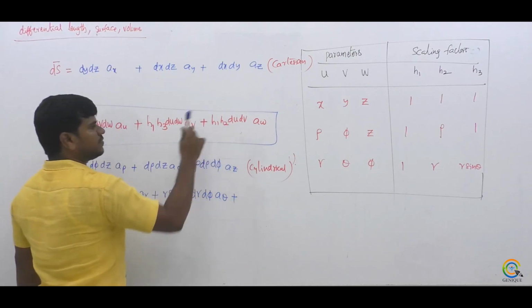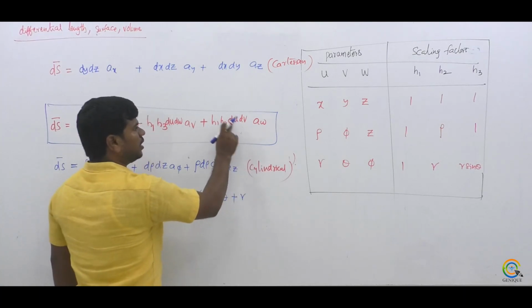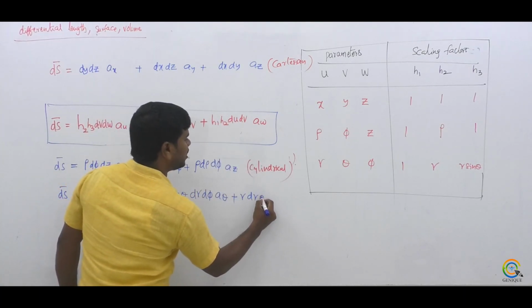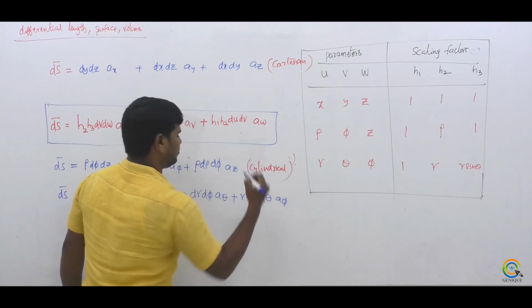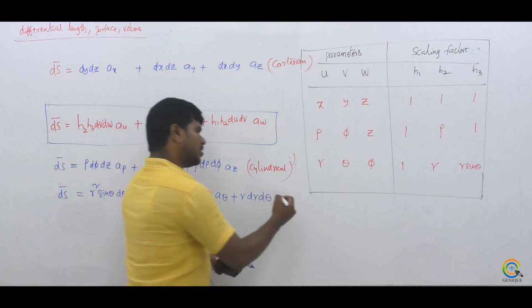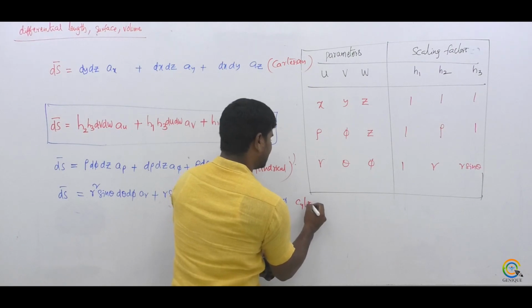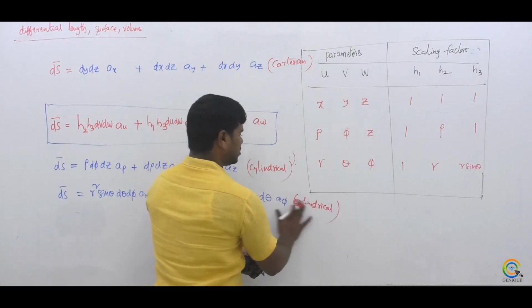Then h1 h2 is r, du means dr, dv means d theta. It is a phi, in the direction of a phi. So this is the differential surface area in the spherical coordinate system.